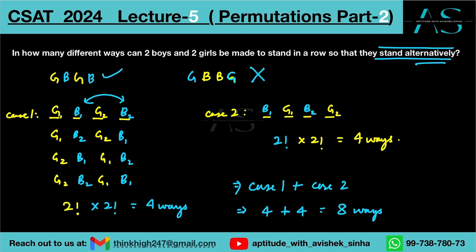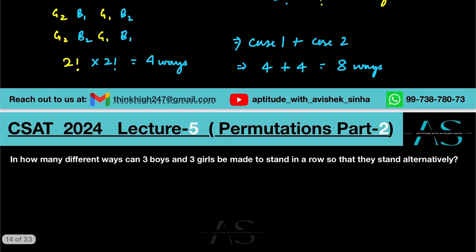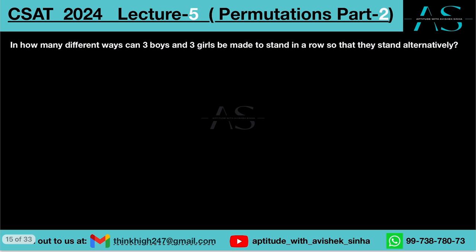Alright? Okay. Let's take for example, we have 3 boys and 3 girls, and again the same question: they are made to stand alternately. Case number 1, we can start with the boys. So boy 1, boy 2, boy 3, 3 boys. Girls would be girl number 1, girl number 2 and girl number 3.